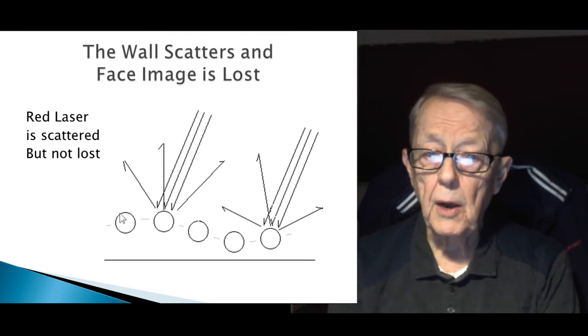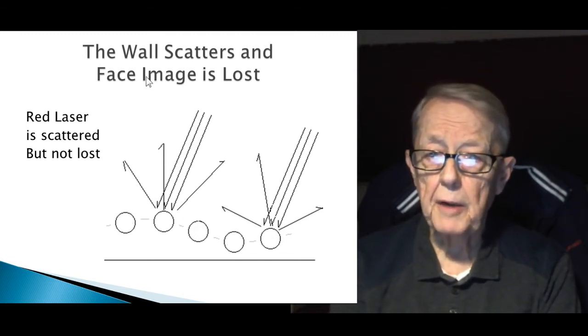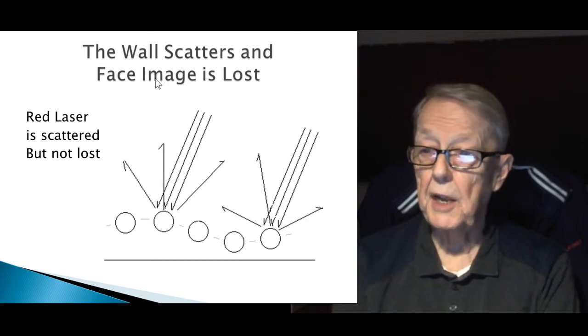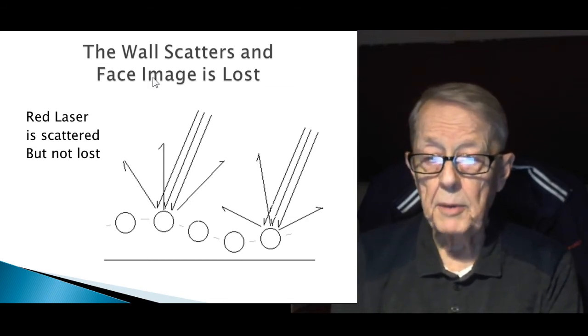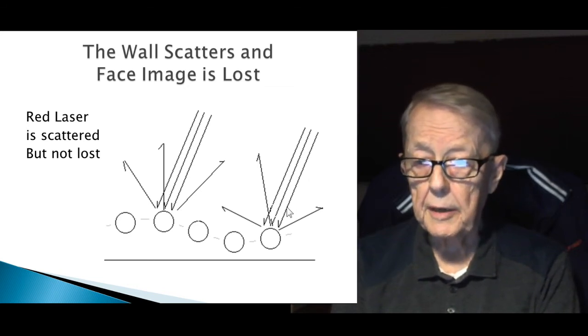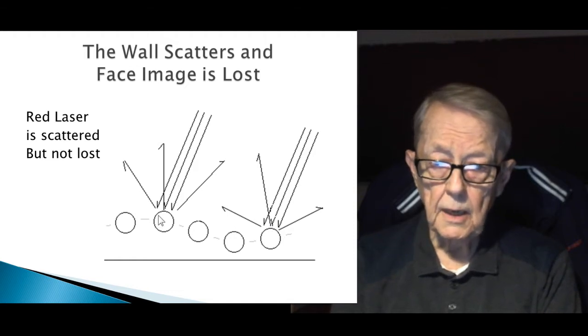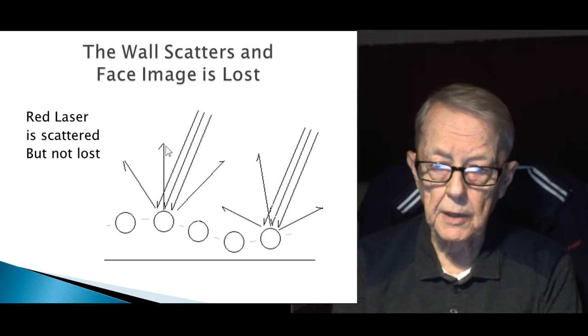Now, from a wall, however, where the wall is not so smooth, the wall scatters and my face image is lost. I can be standing in front of a wall, ambient light hits my face, the points off of my face come and hit the wall, and this is the same one as I showed with the line going straight back and this way.